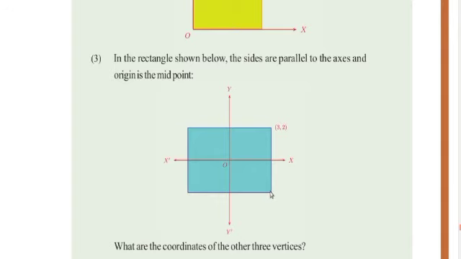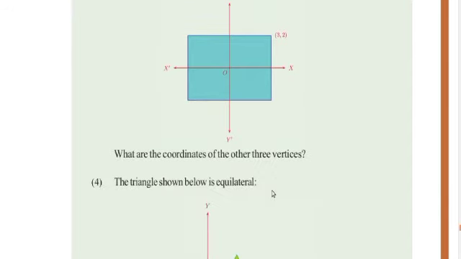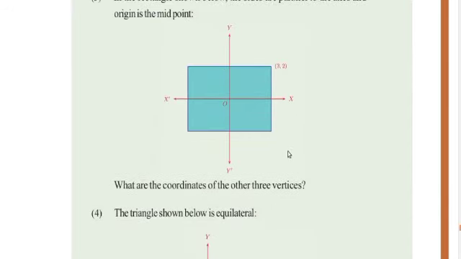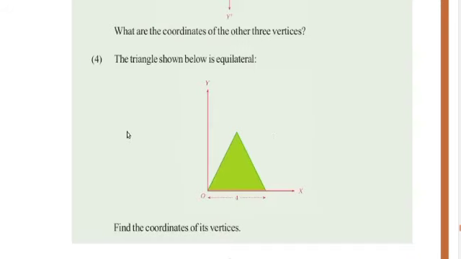In the fourth quadrant, the point is 3, negative 2. So the coordinates of the other three vertices are negative 3, 2, negative 3, negative 2, and 3, negative 2. Then next is, the triangle shown below is equilateral.